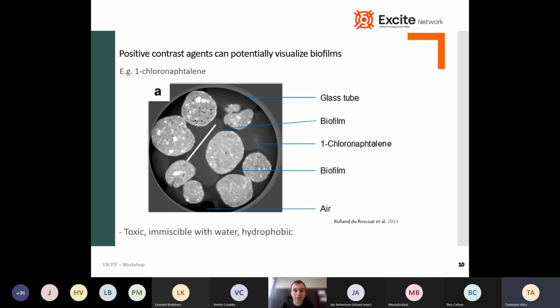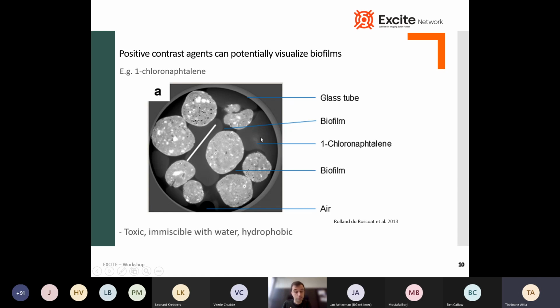Another example of a positive contrast agent is 1-chloronaphthalene. And that's actually a hydrophobic solution that does not enter the biofilm as well. And I show an example here. This is again a column or flow cell with grains in it and where biofilms grew, and then the surrounding water is replaced by the 1-chloronaphthalene, which has a higher attenuation coefficient.